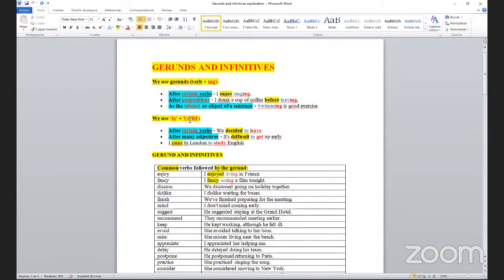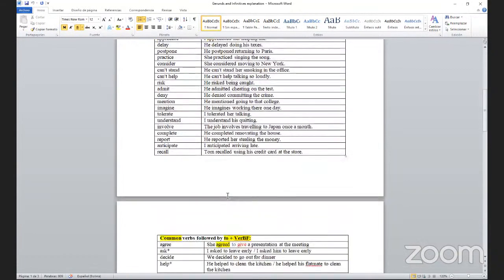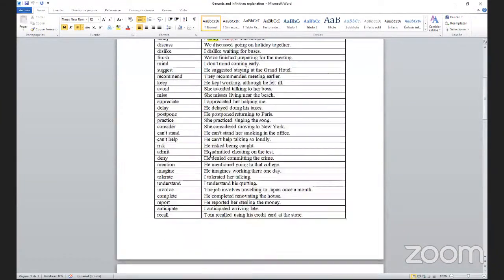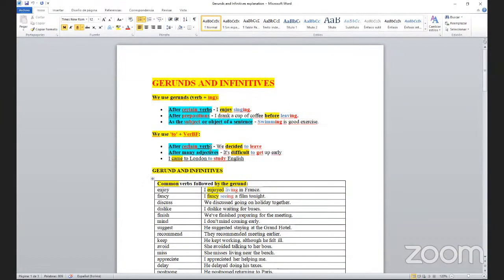And for using infinitives, we have the first one that says after certain verbs that it is here again, common verbs with examples. So this is one, for example, decided, it belongs to the verb that works with infinitives. And after always we're gonna use infinitive, right? Decided to live. And always we're gonna use infinitives after adjectives, right?